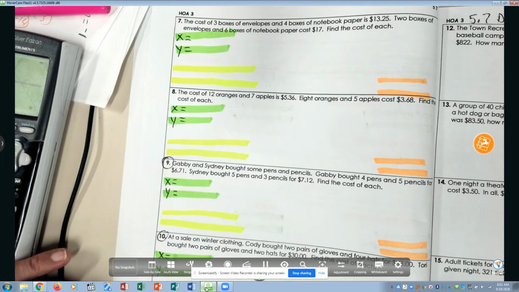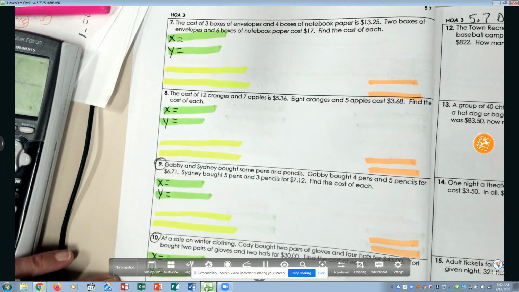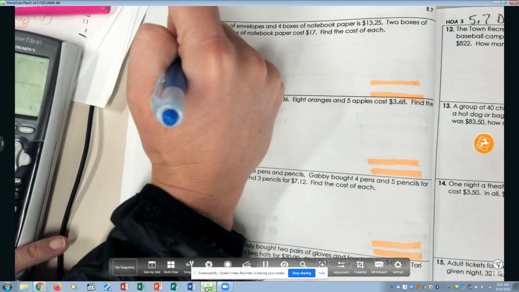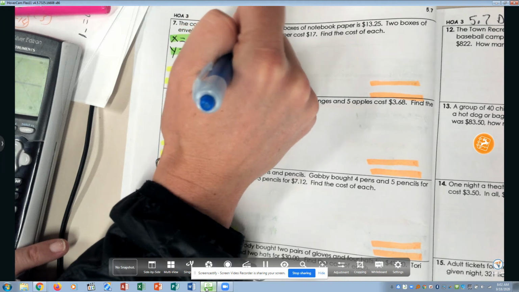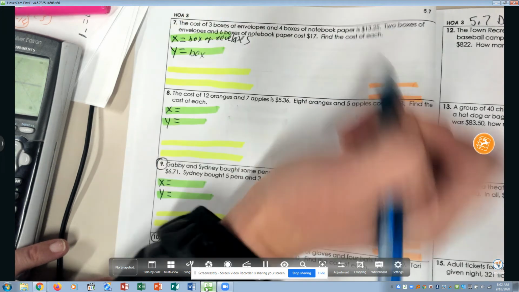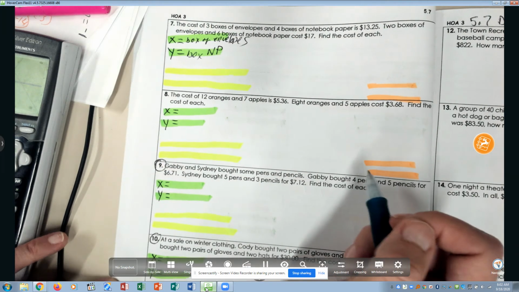The cost of 3 boxes of envelopes and 4 boxes of notebook paper is $13.25. 2 boxes of envelopes and 6 boxes of notebook paper is $17. Find the cost of each. So we're talking about box of envelopes and box of notebook paper, NP for notebook paper.